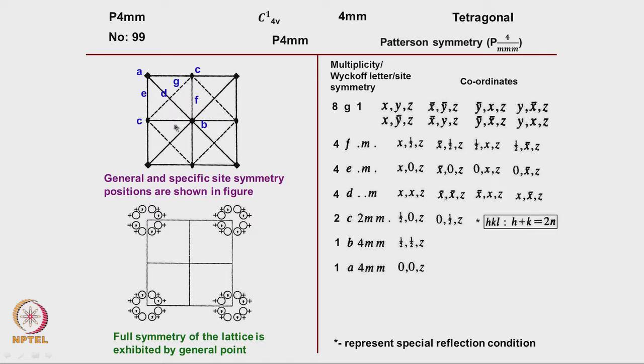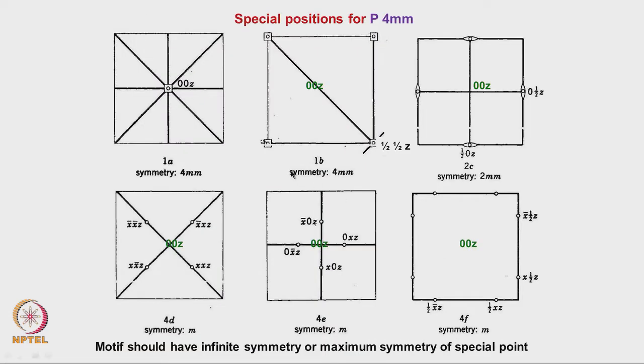And here what I have shown is what this ABC means, corresponding to this one. These are all the Wyckoff positions which are given. The site symmetry I have already explained. The same information is presented in a different way.